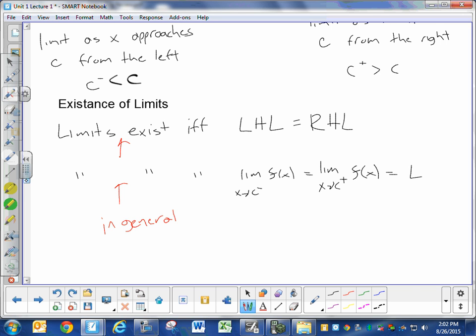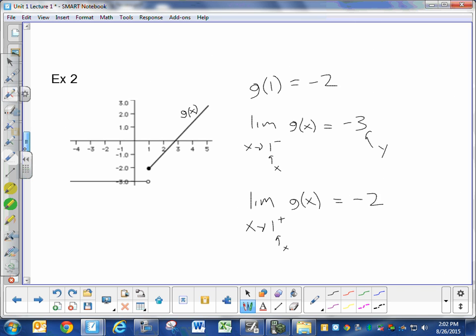But if we look at this previous example, the left-hand limit was -3 as x approaches 1 from the left. The limit as x approaches 1 from the right was -2. So we would say that the limit in general as x approaches 1, notice no left or right, it's just in general, of g of x does not exist.